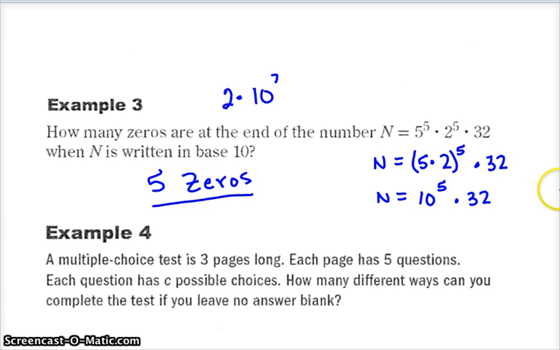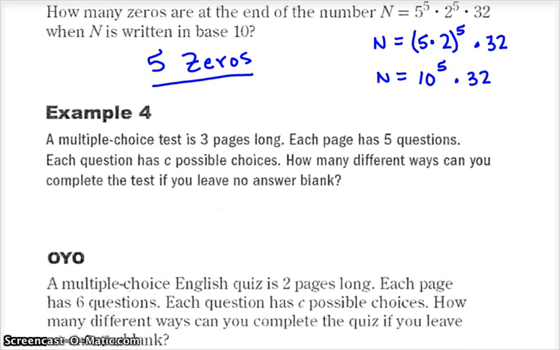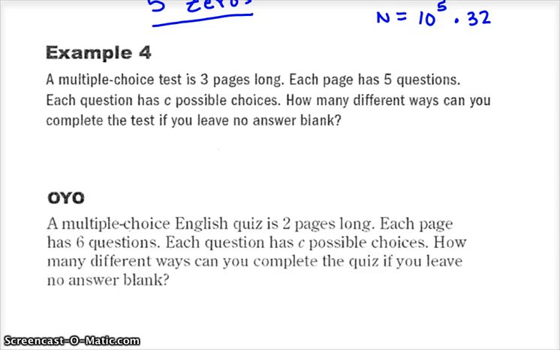All right, let's take a look at example number 4. In example number 4, we need to determine how many different ways you can complete a test if you leave no answer blank. On this particular test, it's 3 pages long, and each page has 5 questions. So 3 pages long times 5 questions on each page equals 15 total questions.